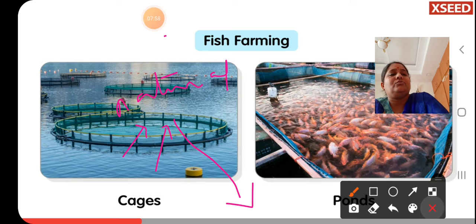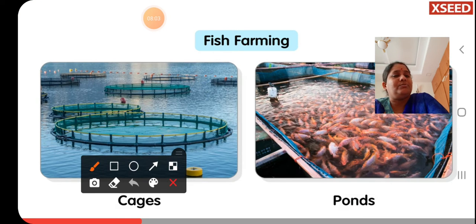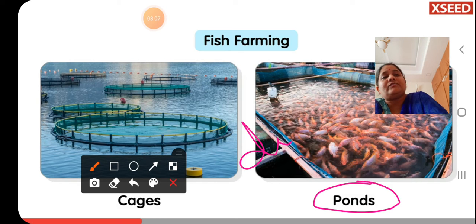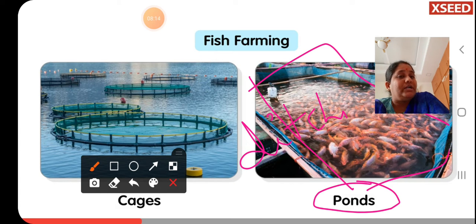Now let us move to the second method, the pond farming method. In this method, artificial ditches, the long narrow canal-like structures, are made and placed near roadsides where lakes or canals are flowing, or near farm fields and agricultural land, so that the extra water is collected into them.